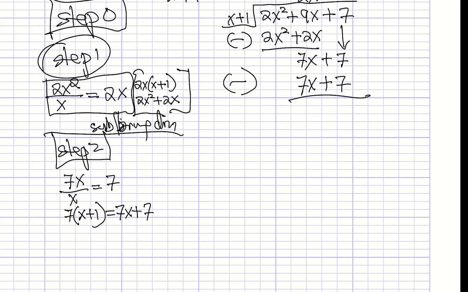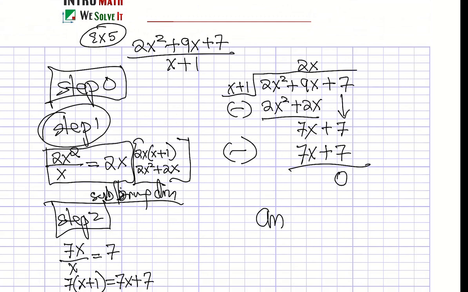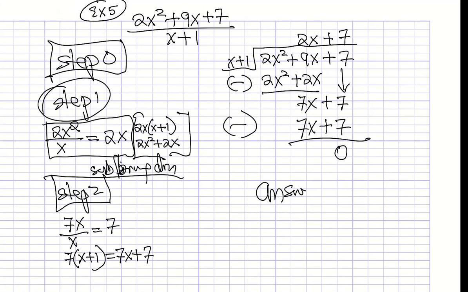You subtract, what do you get? Of course, everything will cancel out. You get 0. Do you see that? It's nothing to be scared of. So answer, did I put the answer? I didn't put the last one. That's plus 7. Okay, the answer we're looking for is 2x plus 7. Remainder is 0, so we don't need to put it there. There's no remainder.